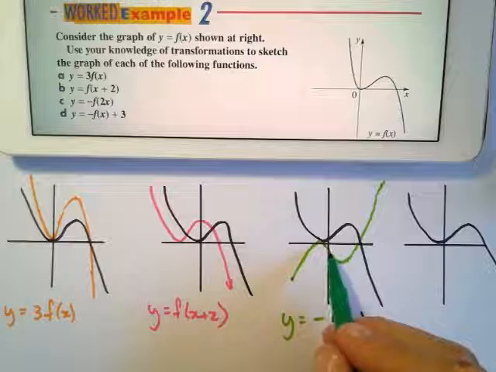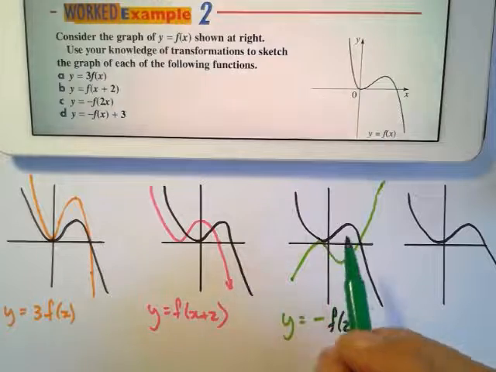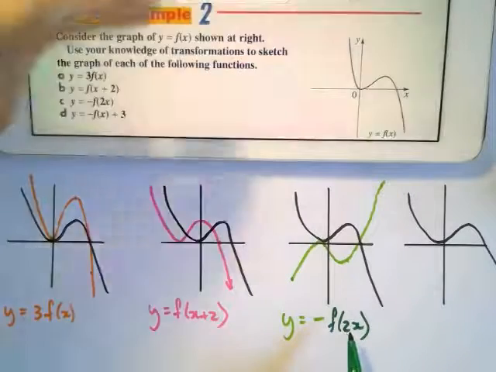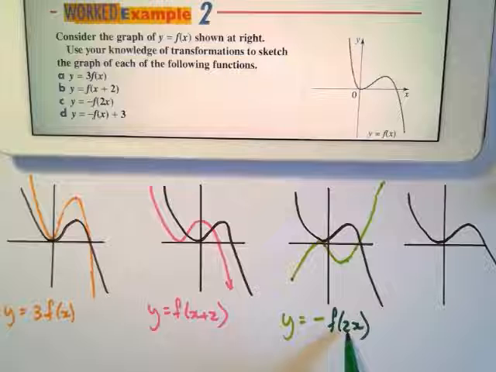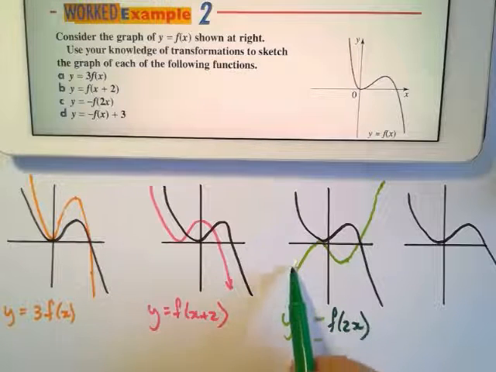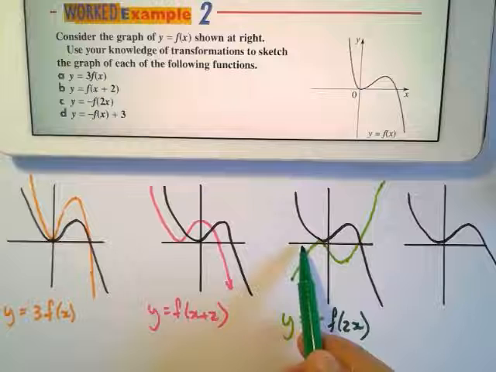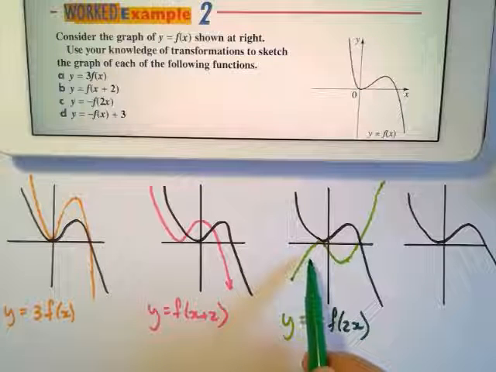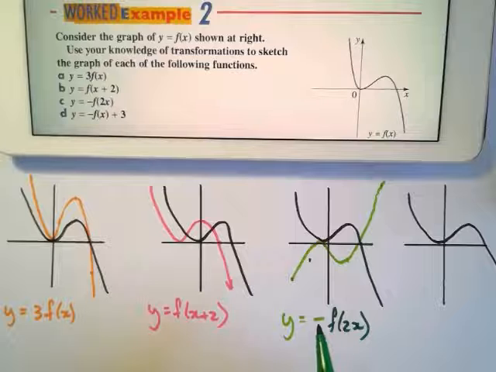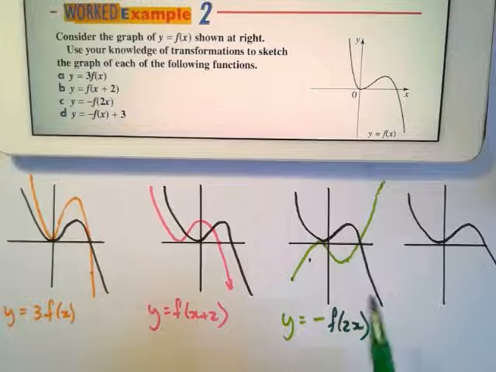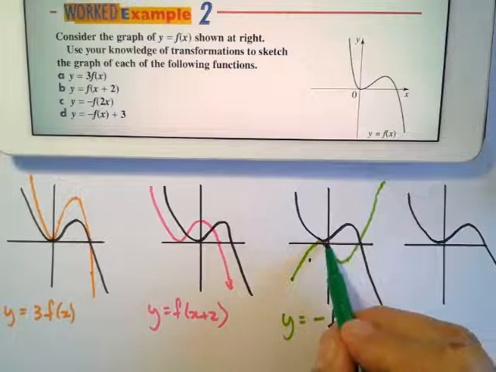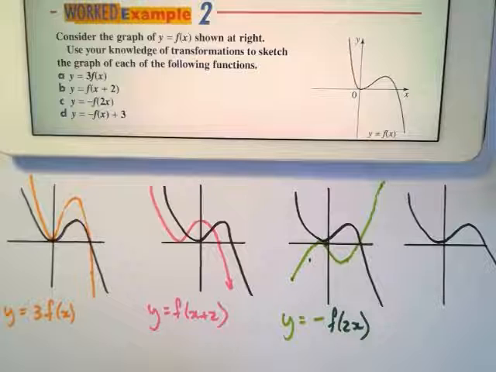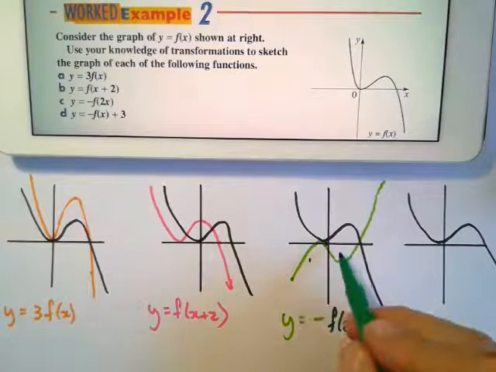Sorry, it's not by a factor of 2, it's going to be a factor of half. Remember, it's always the opposite, so it's a factor of half. So instead of being at 4, it's going to go now to negative 2. So all these x values are going to be a little bit smaller, so it's going to come in this direction.